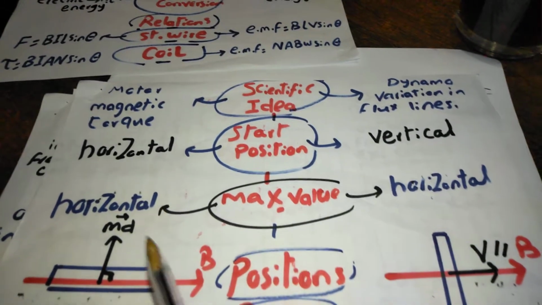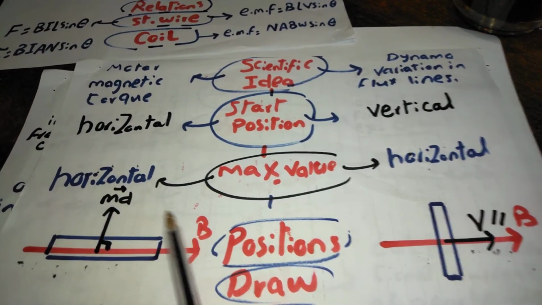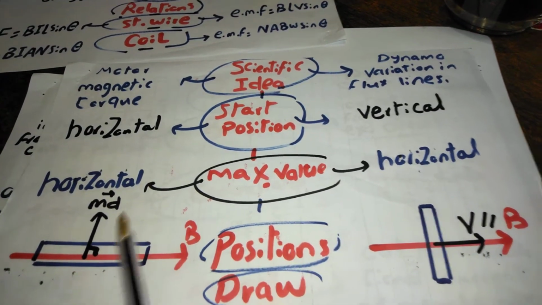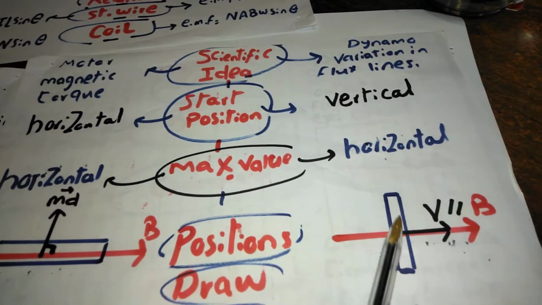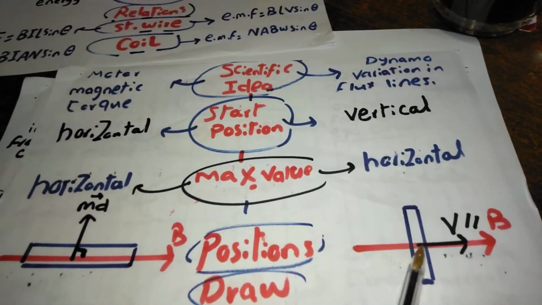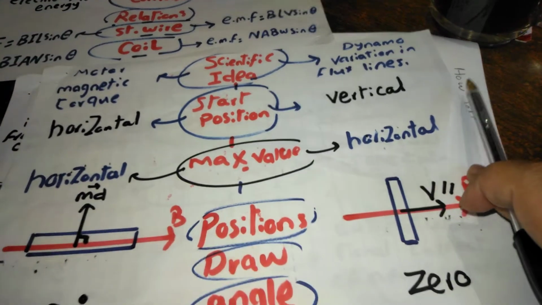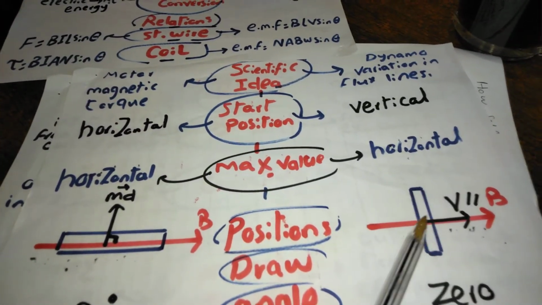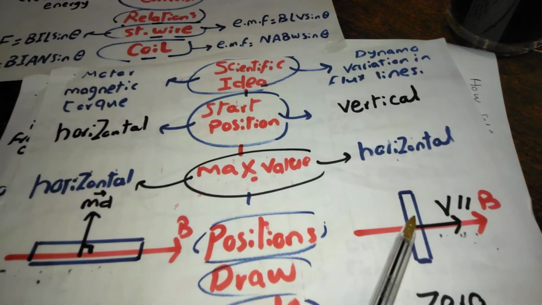Maximum value: both have the maximum value at the horizontal position, in which the angle equals 90 with the field. And here the angle is included between the normal of the coil and the field. The normal of the coil here is represented by the magnetic dipole moment, while there it is represented by the velocity vector. At the start position here, the output electromotive force equals 0, and as I mentioned, we select that to operate the dynamo through the sine function, and it is an optional position.